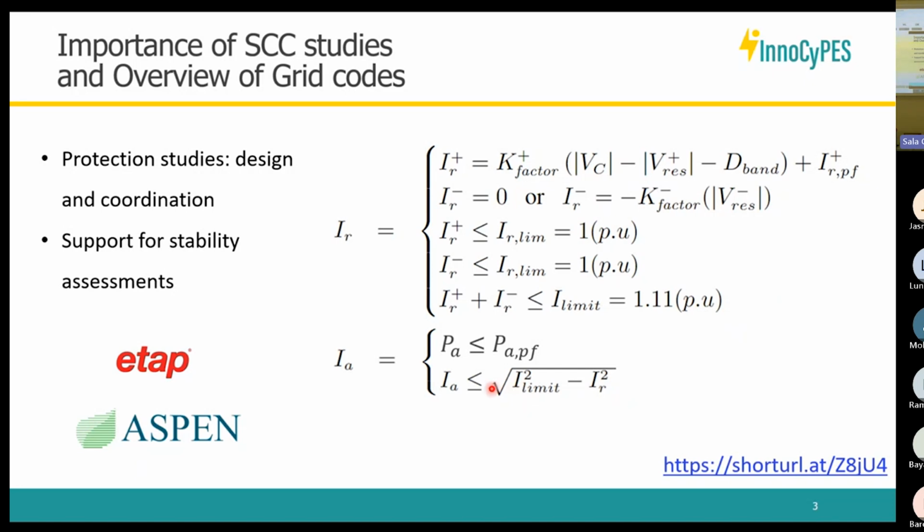And then, as you can see in this very last equation, it will just inject whatever is left out of the capacity. There is a maximum capacity, and then there will be a reactive injection, as you see here. And then whatever is left, we inject as active current. So this is more or less how a grid code works.